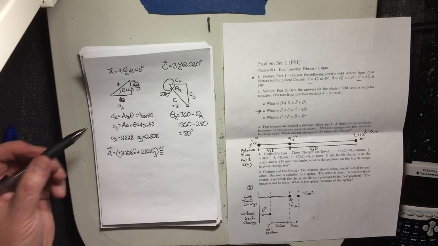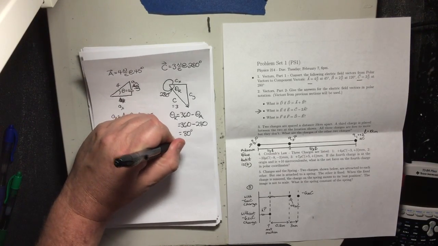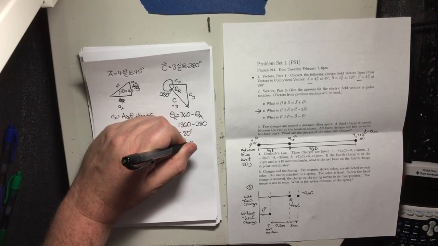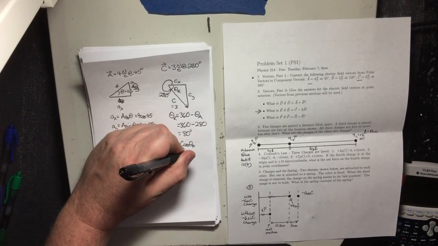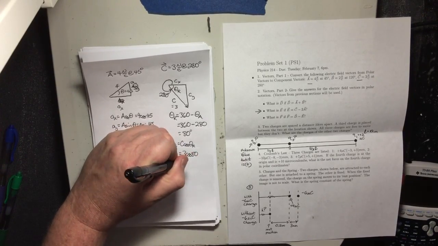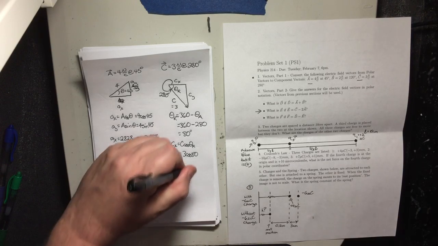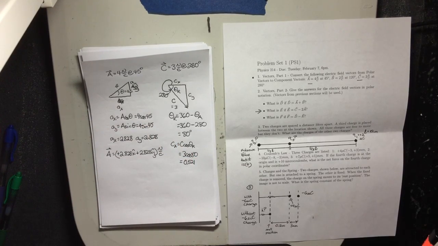Once again, we have to break down these into components. Magnitude Cx, C cosine theta reference, or 3 cosine of 80, so the magnitude of the C x component is 0.521.